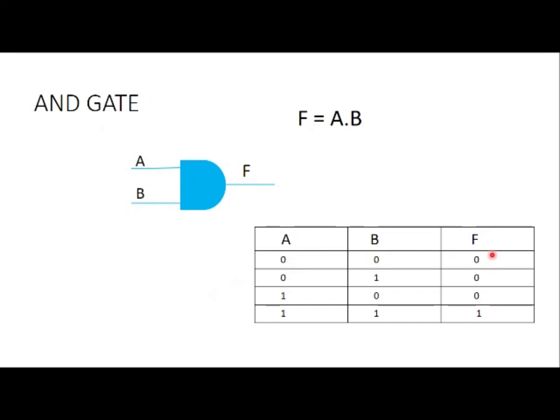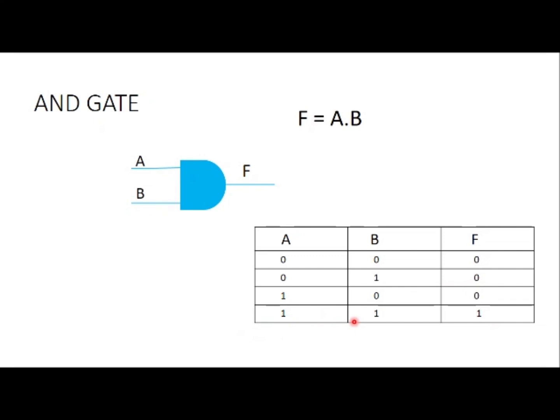A is 0, B is 0, then the output will be 0 in the AND logic gate truth table. If A is 0, B is 1, still it will remain 0. If A is 1, B is 0, still it will remain 0. And A is 1, B is 1, the output will come as 1. Why did it come as 1 here and 0 there?